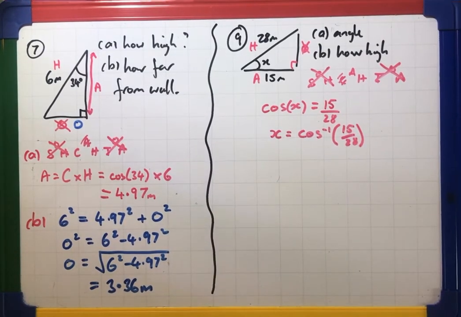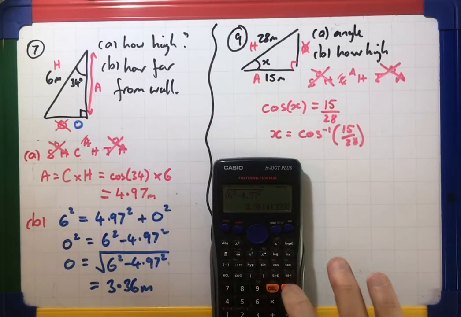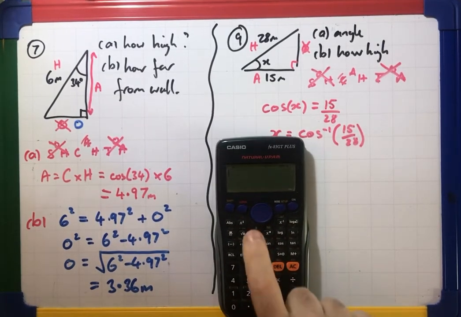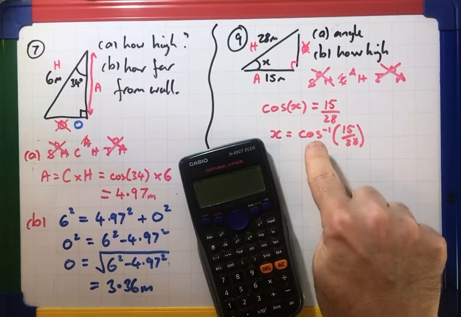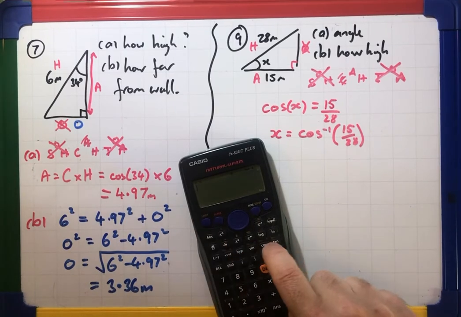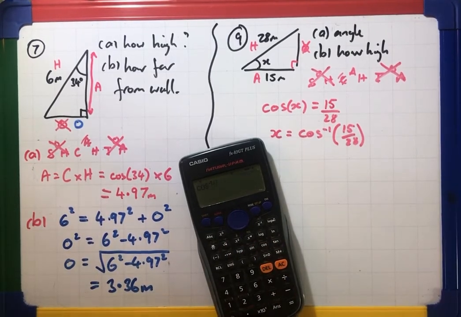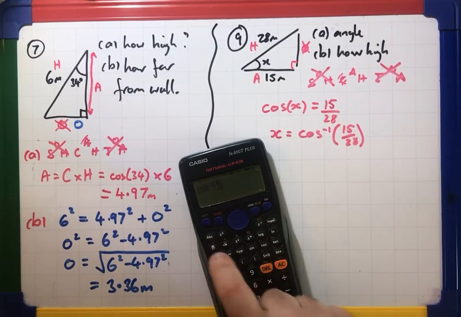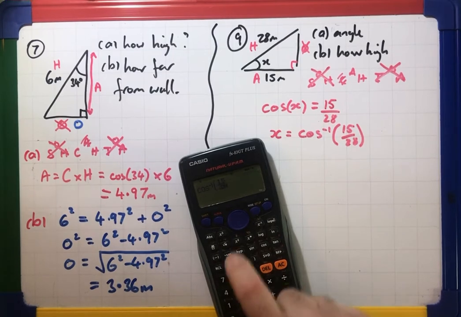Now, if you've got a scientific calculator, you can just plug it in just like that. Look at it. I can use the fraction button. So I'm going to do inverse, remember, is shift. So it's shift cos to give me the inverse. Remember, it's always shift if you're working out an angle. And use the fraction button. We had 15 over 28.